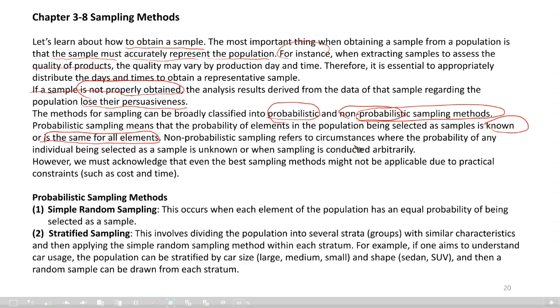It refers to the circumstances where the probability of any individual being selected as a sample is unknown, or when sampling is conducted arbitrarily.